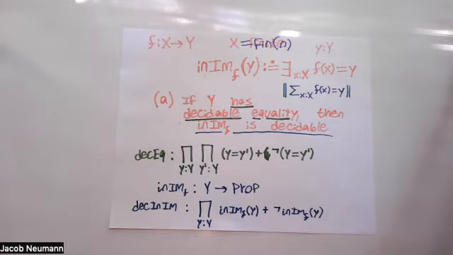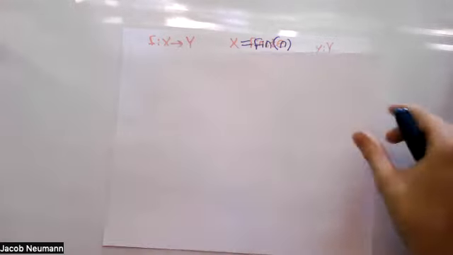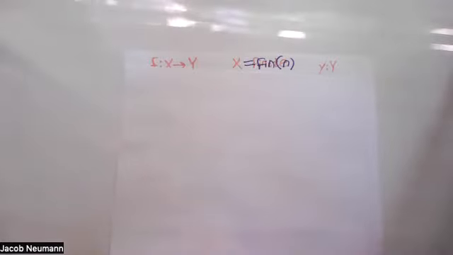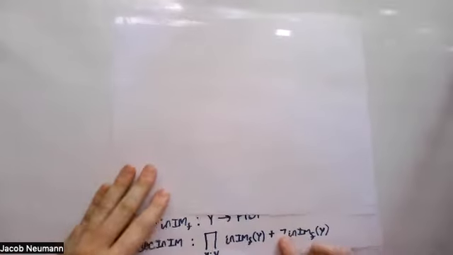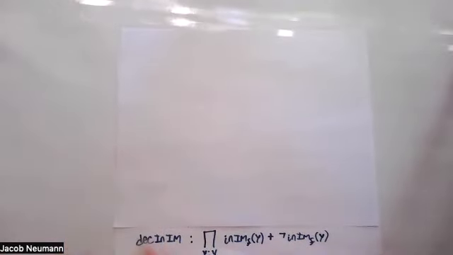So we want something of this type: for all y, either it is in this or not that.